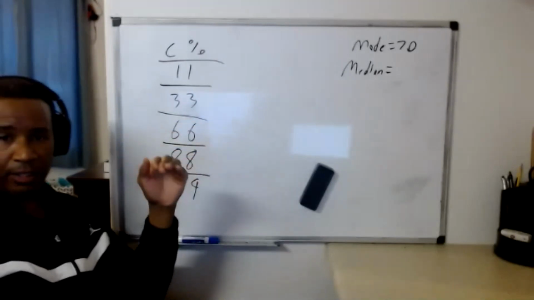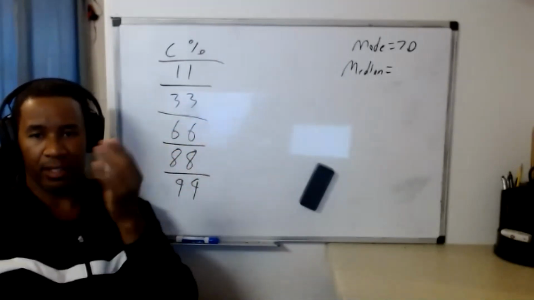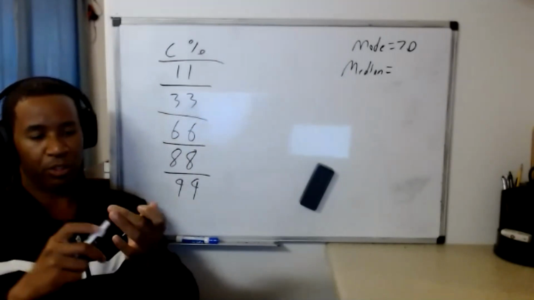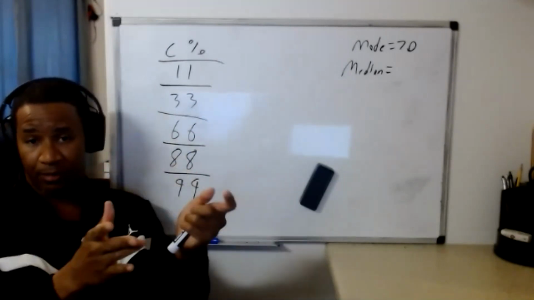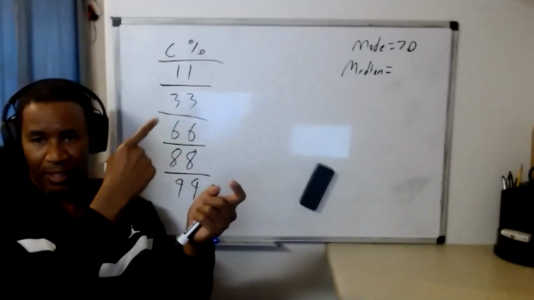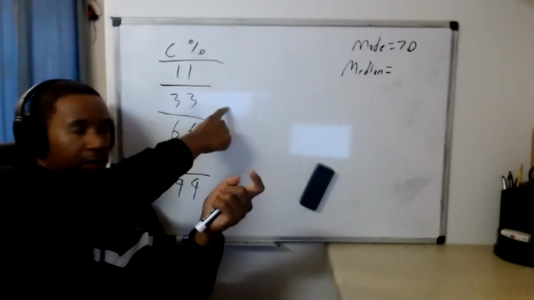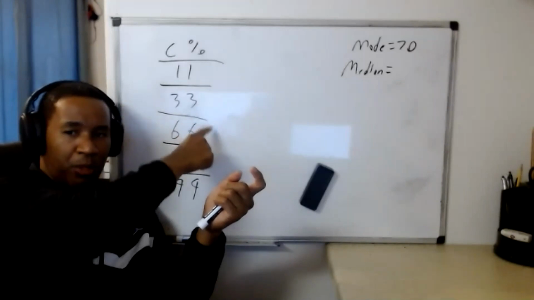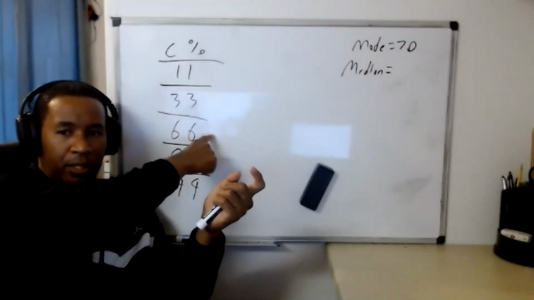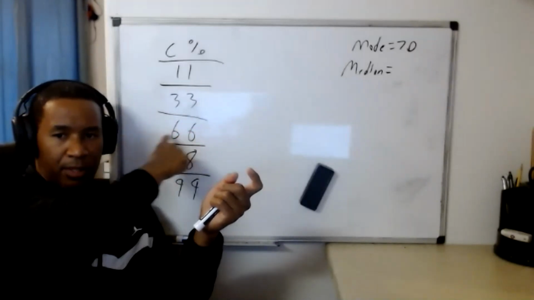So if you all remember how to find the median in a frequency distribution, what you do is you're looking for the 50% mark. Now, you don't see 50% here, you see 33 and 66, so you know it's in between these two categories. And then if you remember from chapter 3, we go down, so it's going to correspond to the 66%.